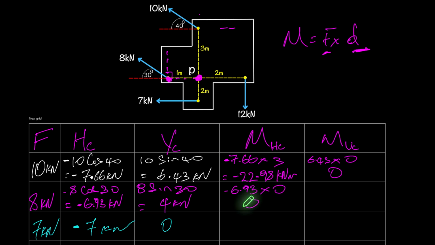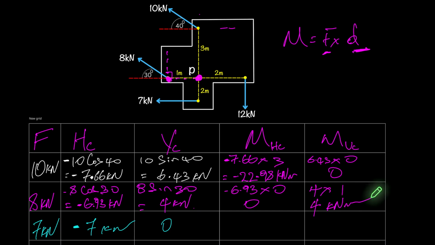So that's just 0. Now for the vertical component, what we got was 4 for our vertical component bit right here. And if we multiply that now by the perpendicular distance, which happens to be just 1, then what we have is 4 kilonewton meters for that one.